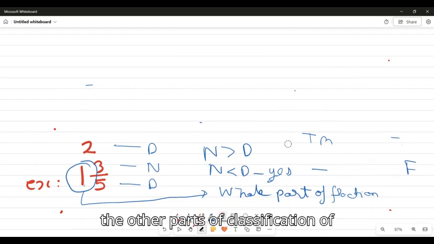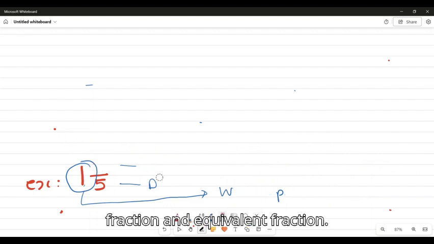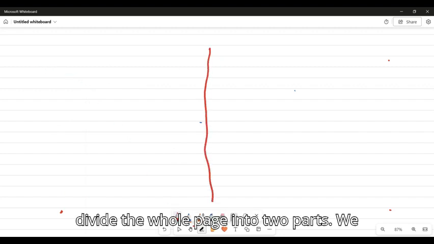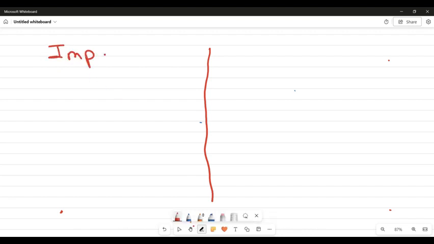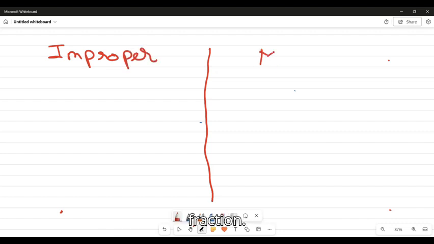Then we'll move to the other parts of classification of fraction, like like fraction, unlike fraction, and equivalent fraction. So let's do it. Let's divide the whole page into two parts. Here with the improper fraction, and we have the mixed fraction.